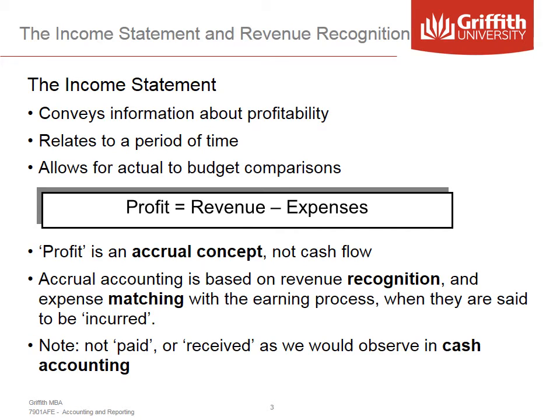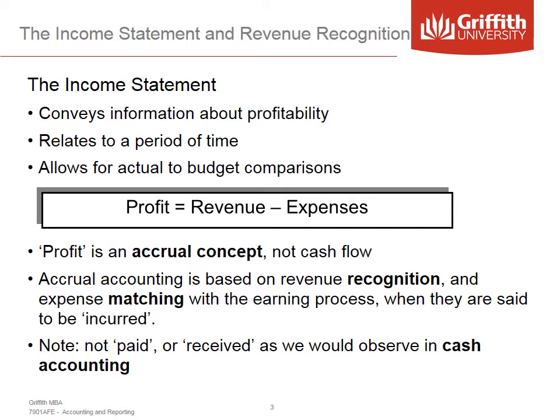So for us, the income statement does the following. It tells us about profitability, and it tells us how that profit has been earned. It relates to a specific nominated period of time. It can be used for many purposes, one very important one of which is that we can compare the actual profit and the actual incomes and expenses that we record against what we budgeted or expected to happen.